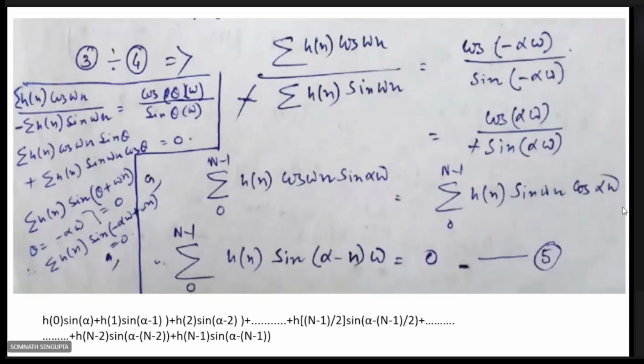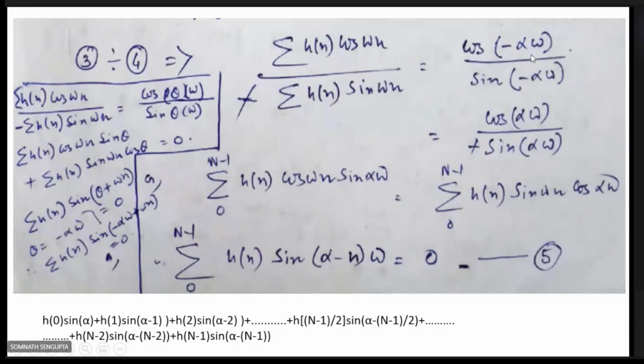Okay, so this is the formula: summation h[n] sine of (alpha minus n) into omega is equal to 0. In the left hand side, we can see that directly the same thing is shown, but here it is written in the form of theta, theta plus omega n, because here we have replaced theta by minus alpha omega.